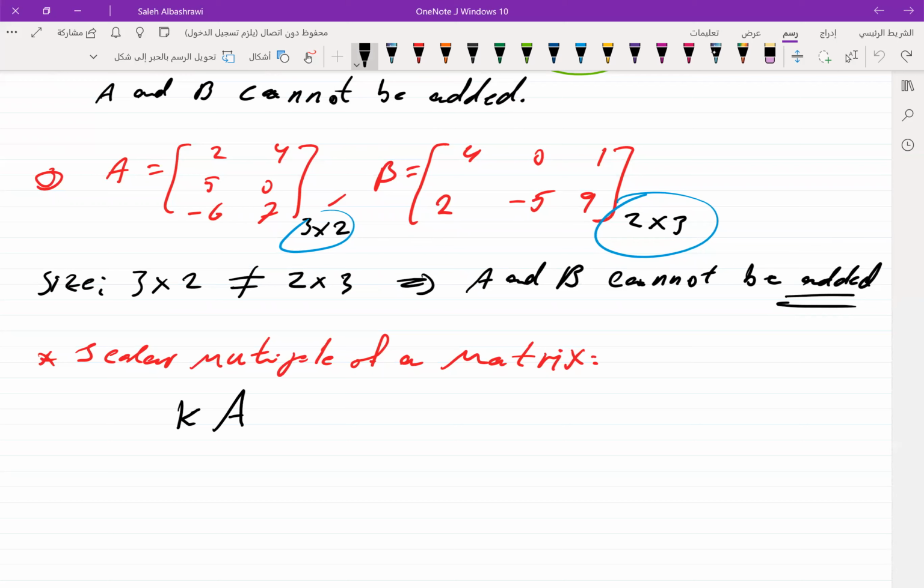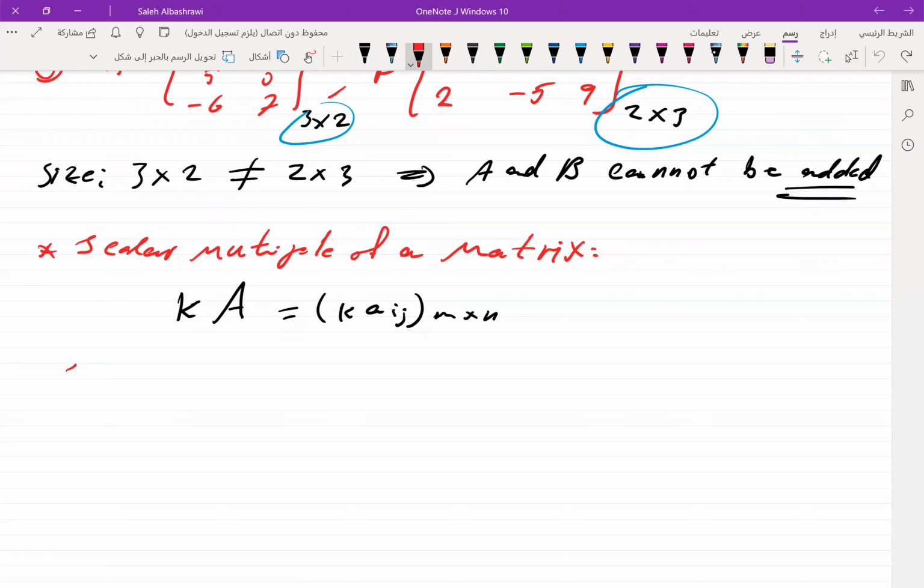So if we multiply K by A, it means that we are going to multiply each element of the matrix A by the constant, or by the scalar K. For example, let A equal to 2, 4, minus 6, 7, 0, 9.